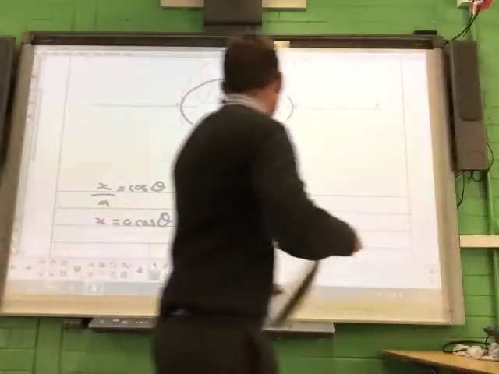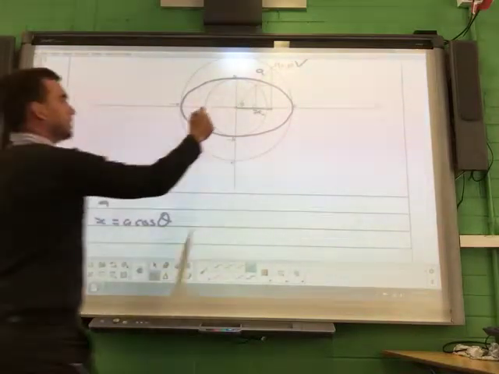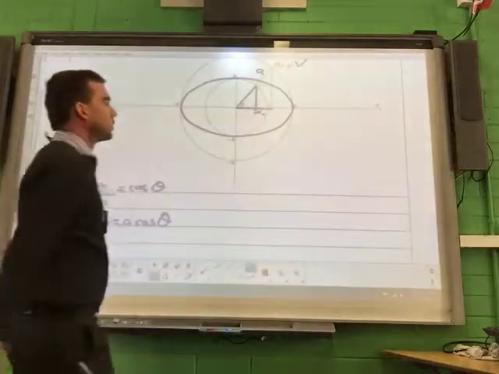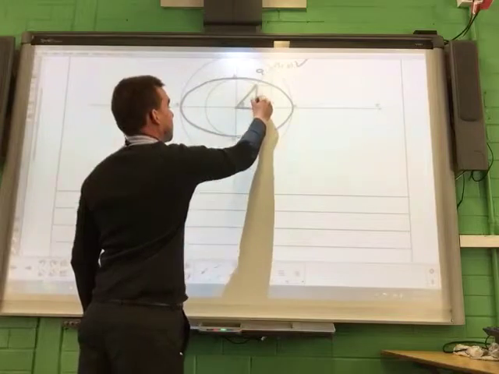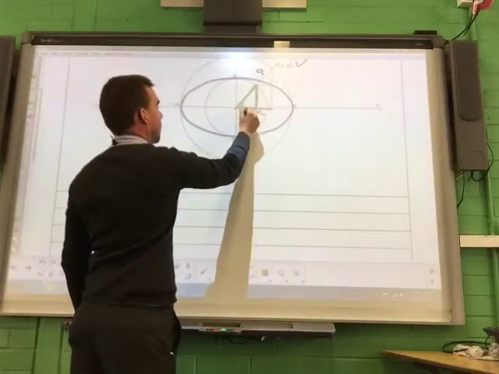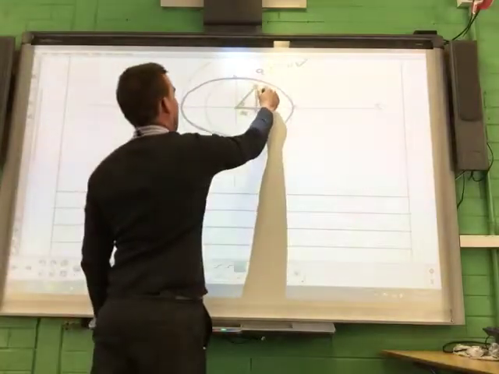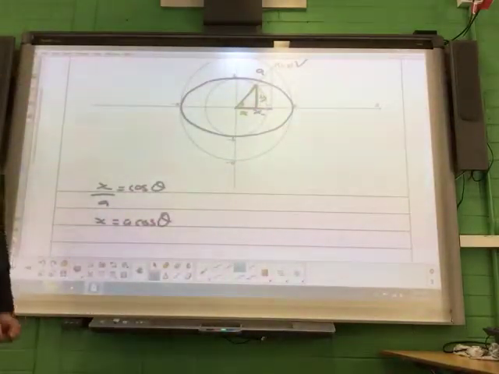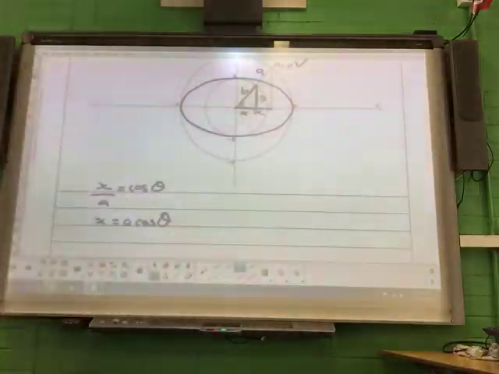Now I'm going to use the small triangle within the smaller circle. We've got that little distance x, and the little distance y, the horizontal and vertical distances, and the hypotenuse is the same as the radius of that little circle.